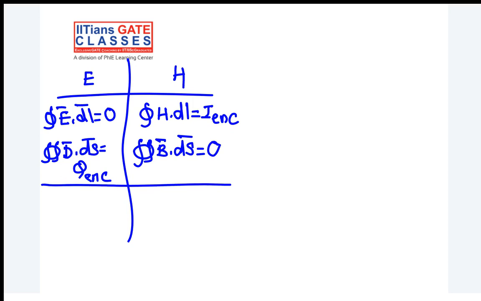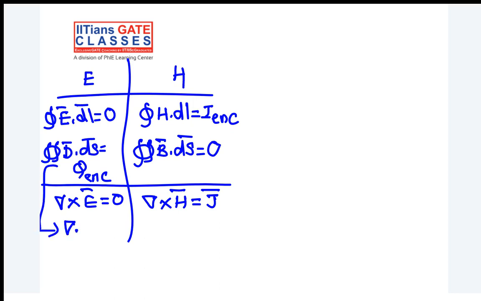Now, if you write the same equations in vector form: the curl of electric field intensity is 0, whereas the curl of magnetic field intensity is equal to the current density J, as we just saw. Gauss's law in point form says the divergence of the flux density is equal to rho v.